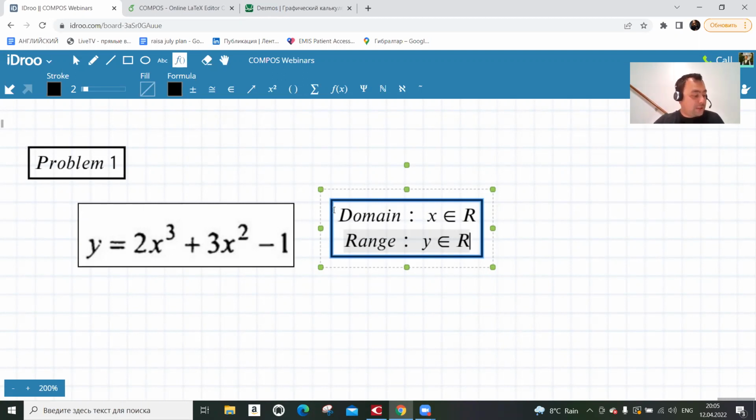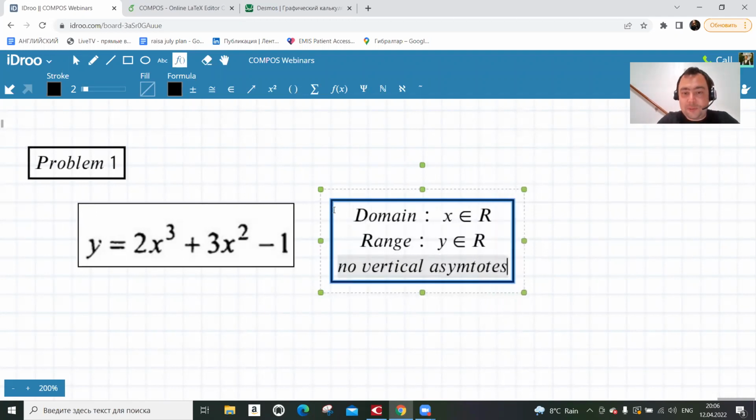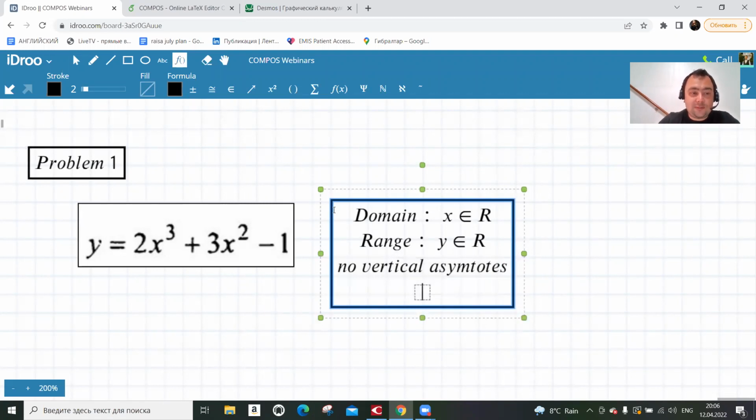Now, because the domain is all real numbers, there are no discontinuities of the graph. There are no points where the graph breaks or does not exist. So there are no vertical asymptotes. I will show you how to find vertical asymptotes later on. If you don't understand why, just believe me for now. There are no vertical asymptotes. Are there any horizontal asymptotes?